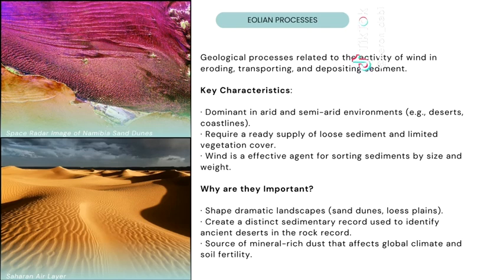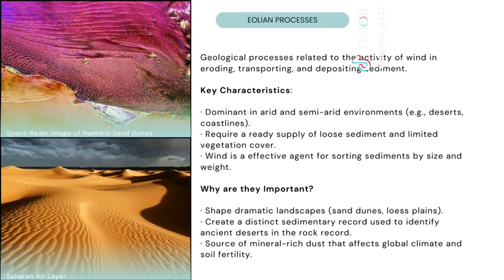So, why does this matter to us? Well, first, it creates the breathtaking landscape you see in these pictures, the majestic sand dunes and vast plains. Second, and this is the real magic for geologists, every time the wind deposits sand, it's like writing a page in Earth's diary. These layers build up over millions of years, creating a sedimentary record that allows us to identify ancient deserts in rocks today.